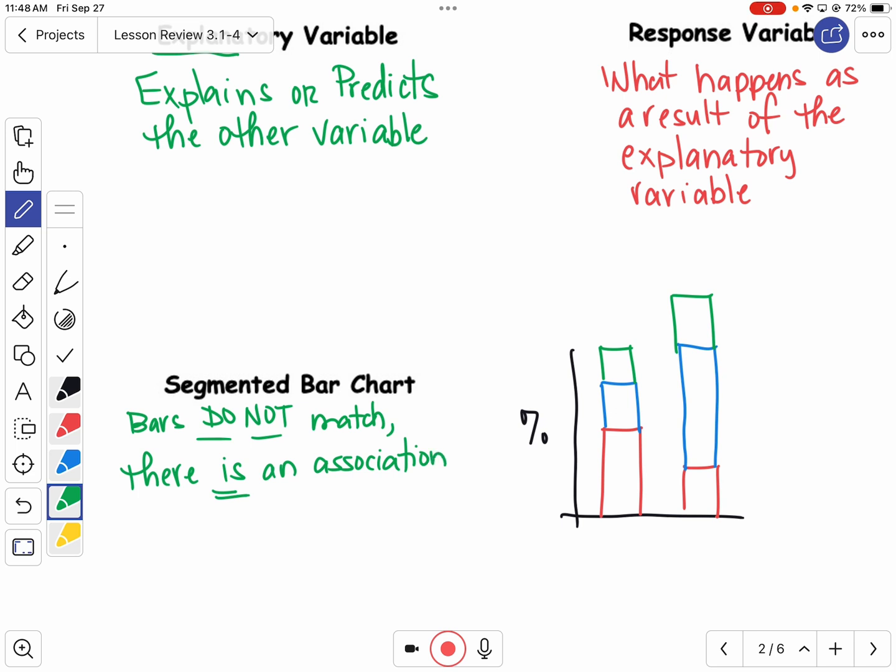I think that's one of the things they're going to ask. There's a question where it says, looking at this segmented bar chart, is there an association? So all you're checking, do they match perfectly? If they do, no. If they don't, yes. So if the bars do not match, there is an association.